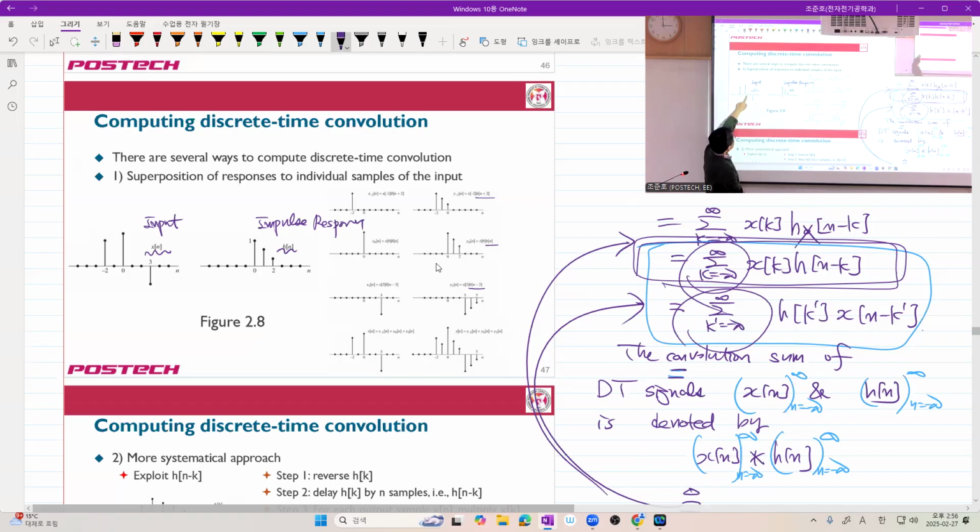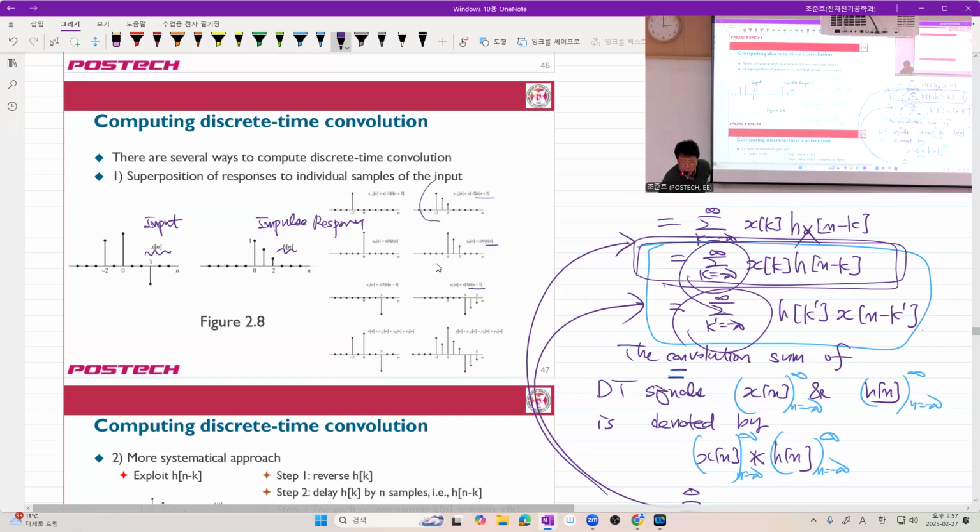The unit sample shifted by 2 to the left and multiplied by this height. And what is the response to this impulse, ignoring the others? The output would be the impulse response left shifted by 2 and scaled by this amount.